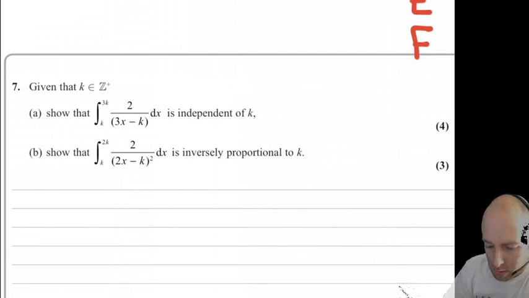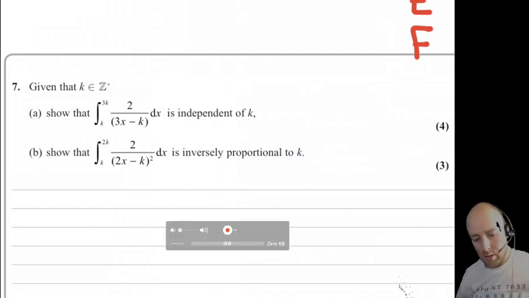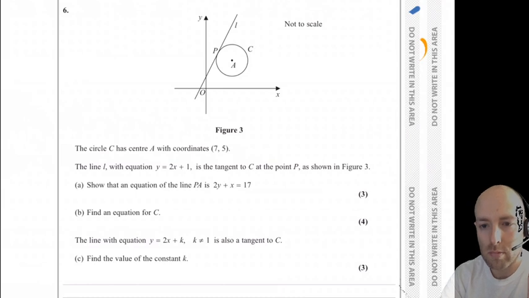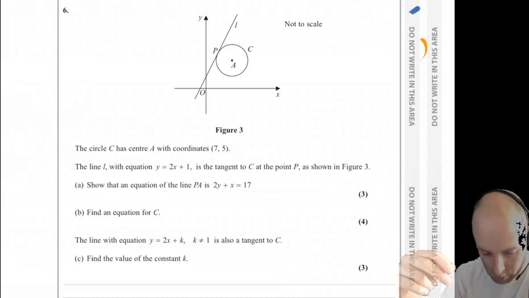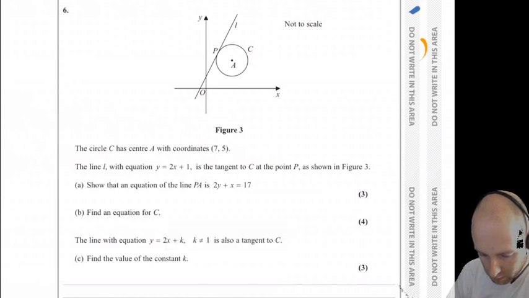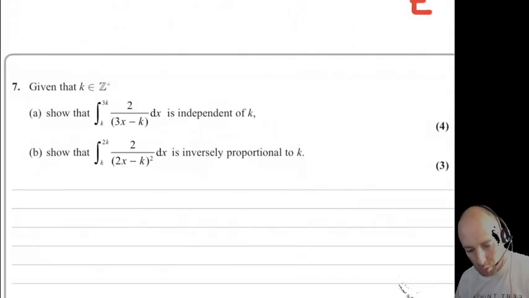Right. So starting with this next one then. Okay, what question did we get to? Dom is here. Okay, cool. 6, 7. So we're on question 8 by the looks of it.